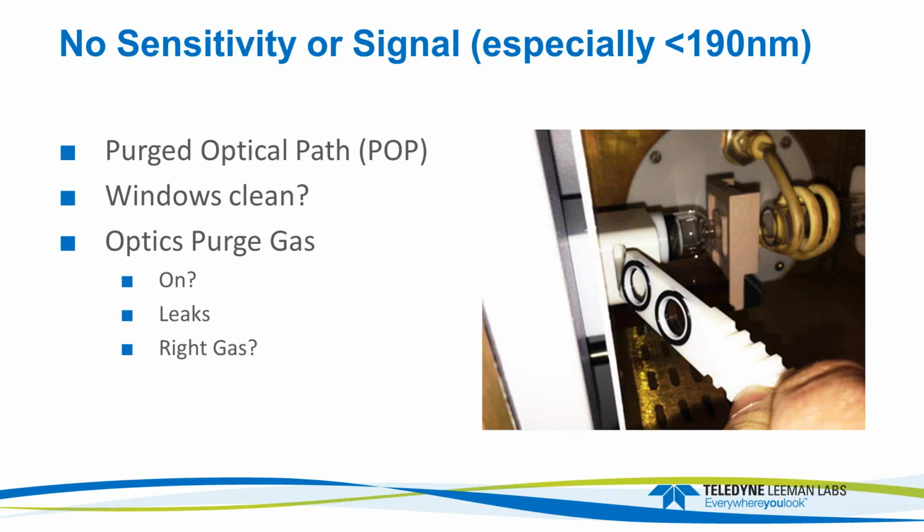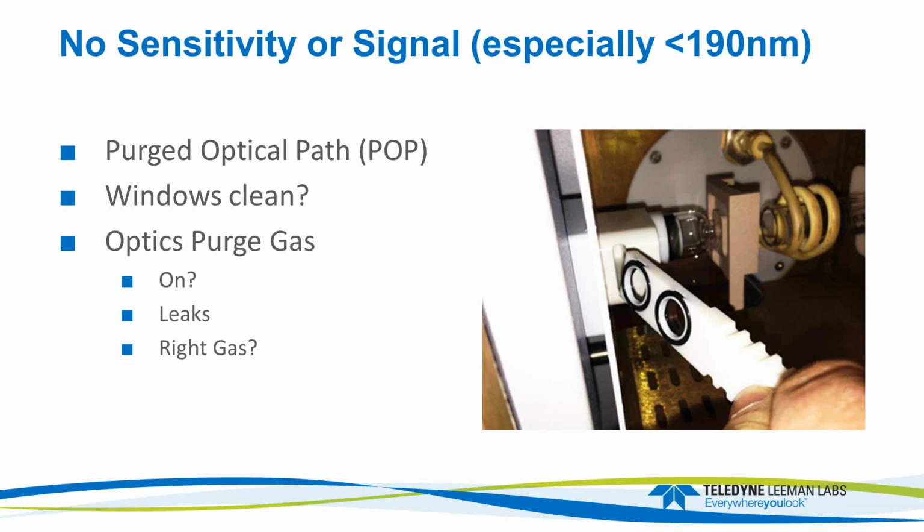That window there can be pretty dirty, and long wavelengths or visible wavelengths will pass through a pretty clouded window. But below 190, if you have anything on there, and you may not even see what's on there, particularly if you run things like organic solutions, you get that sort of brown buildup on there after a while. You want to clean that off because that will prevent you from getting light throughput.